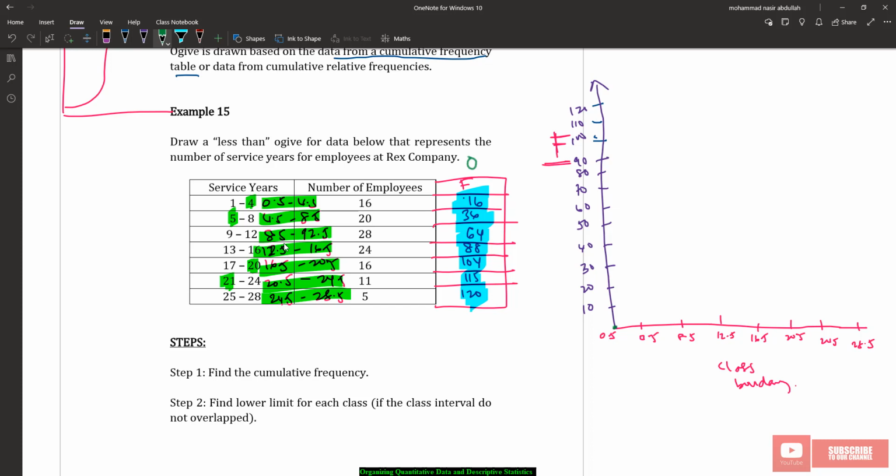So we put 16 here. Okay, 16, right? And then we have 8.5, we have 36, so we mark 36, and then 64, mark 64, right? And then we have 88, mark 88, right?